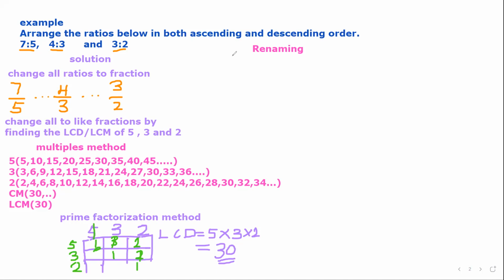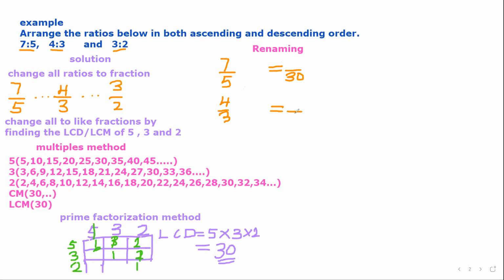30. So when you take the first one, it's 7 out of 5. The new denominator, you leave a space. The new denominator here must be 30. Okay, must be equal to the LCM. Then when you take the 4 out of 3, we leave a space.